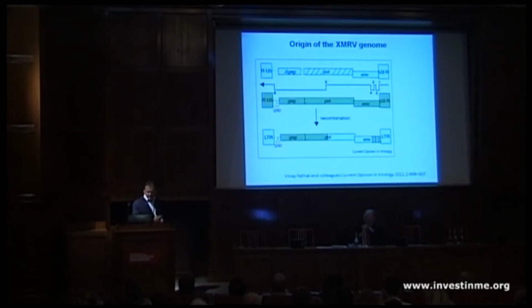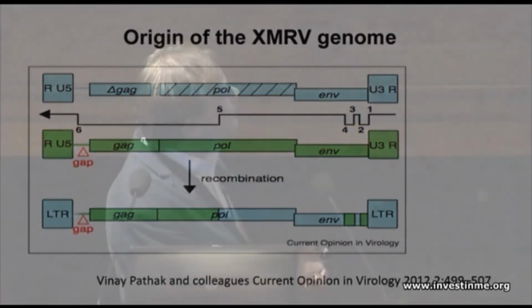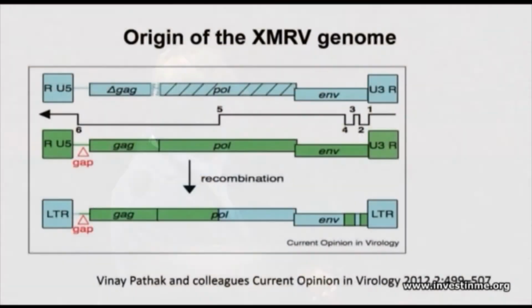Vinny identified 2 viruses, which he called pre-XMRV1 in blue and pre-XMRV2 in green. And he could show that the XMRV virus was a mixture of these 2 viruses. If you remember earlier, I told you that the virus has 2 RNA genomes, so it's possible for a virus to be formed from one of these and one of these if both of these sequences are in the same cell.